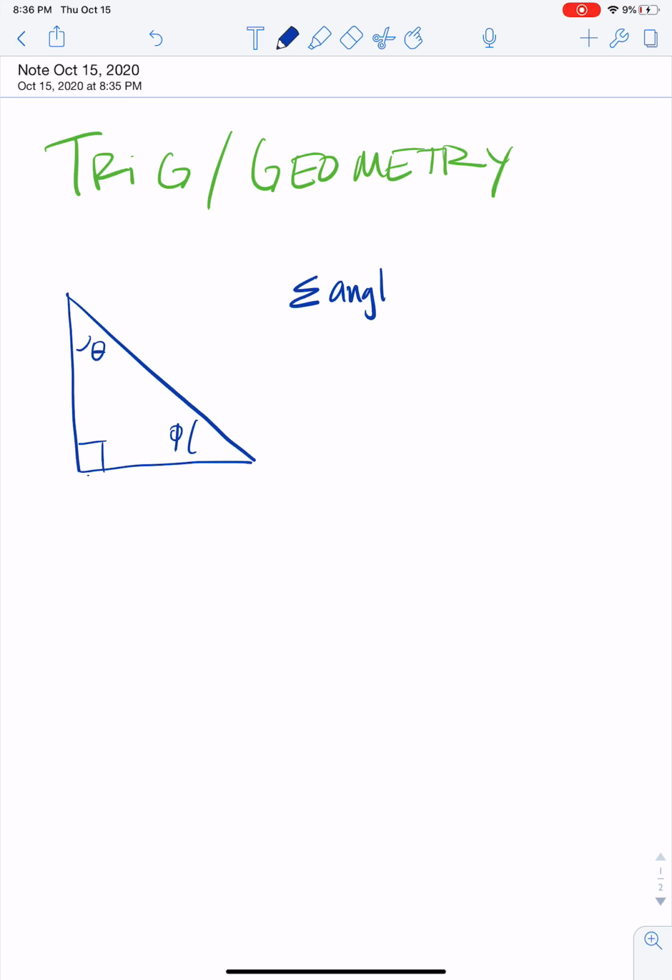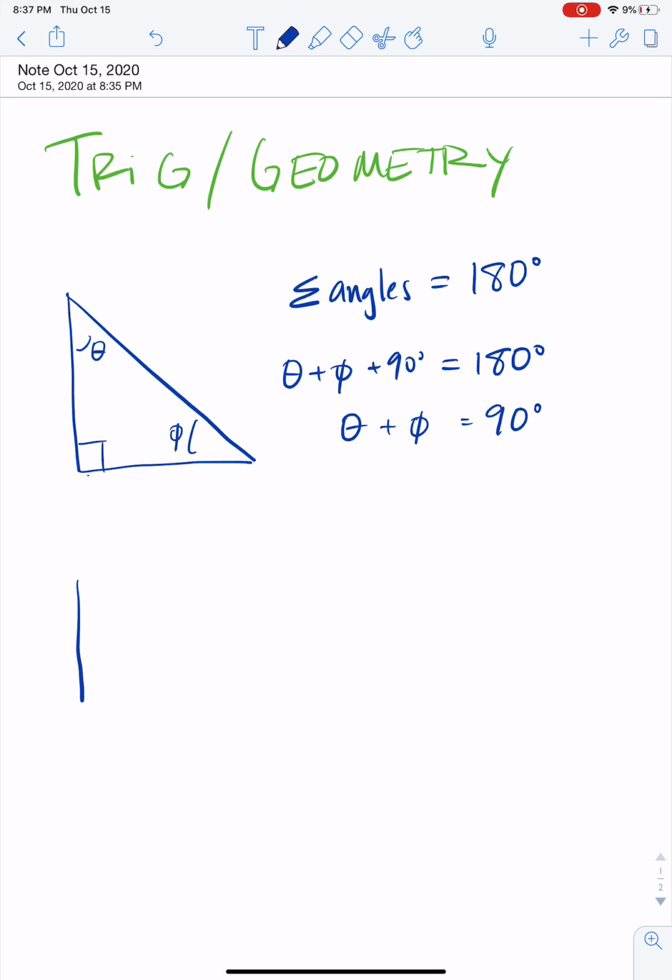And if you have a right triangle, then one of those angles is 90 degrees, which means that your remaining two angles, which here I'm calling theta and phi, sum to 90 degrees.